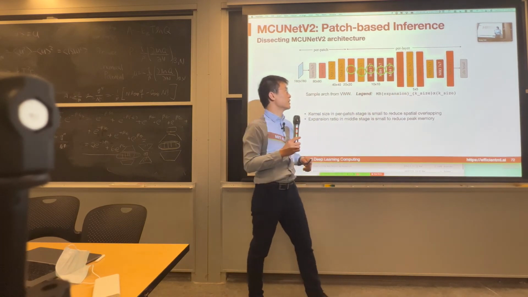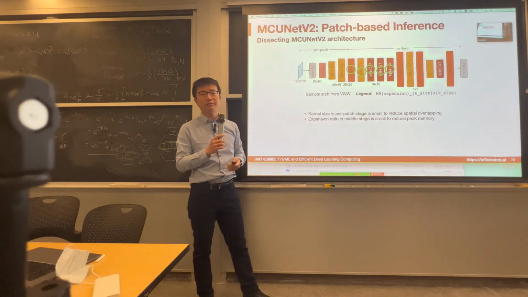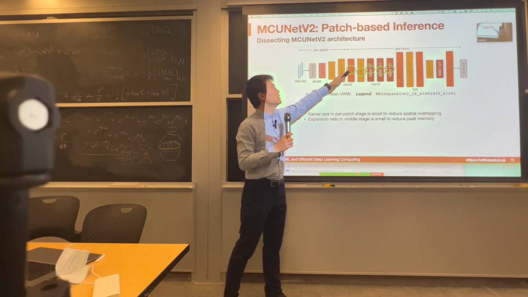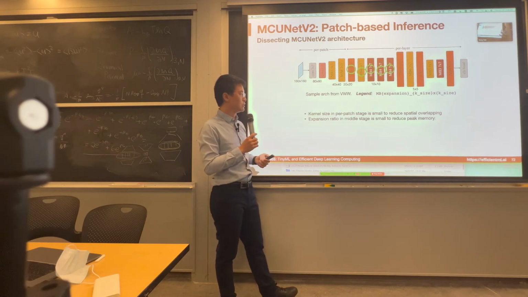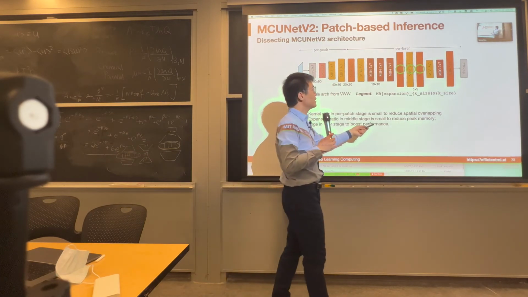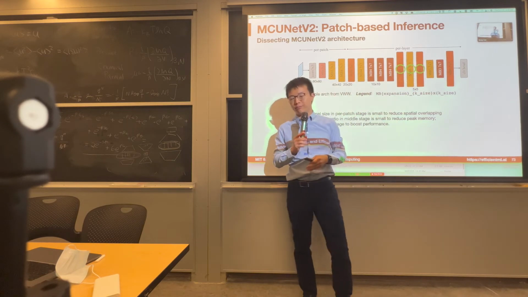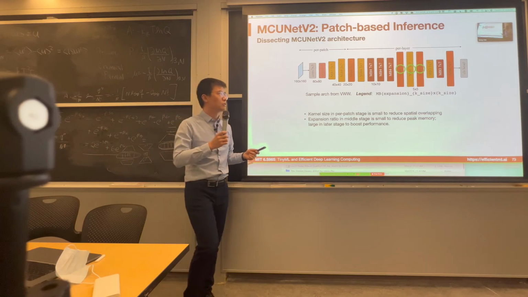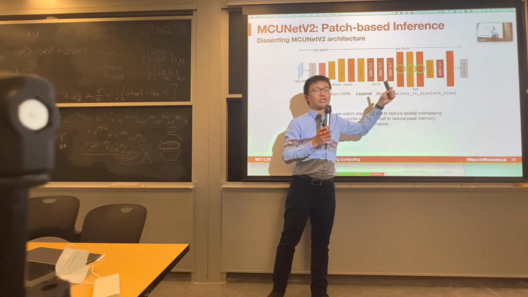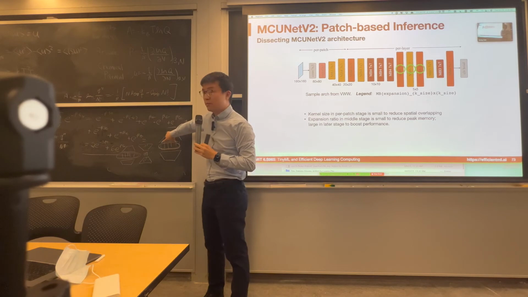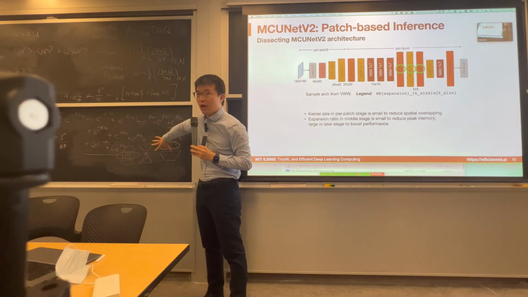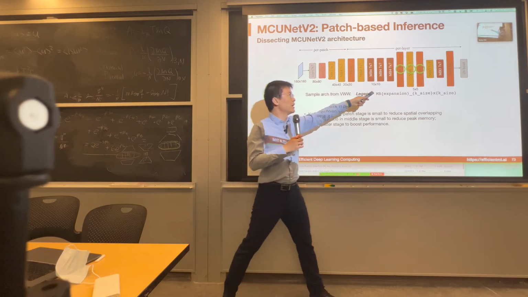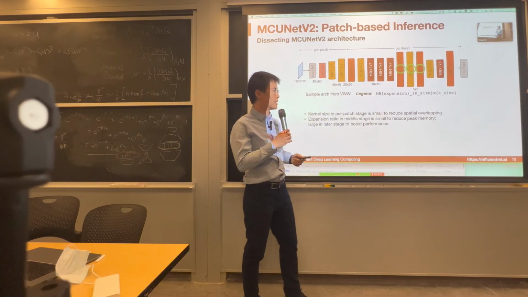In order to reduce peak memory, they chose a pretty small expansion ratio, only 4. But in the later stage, they begin to use a much larger expansion ratio, since the resolution is already pretty small. So it makes sense to have a larger expansion ratio in this inverted bottleneck layer. Here we can have a much larger expansion ratio without hurting the peak memory, since the resolution is already really small in the late stage.